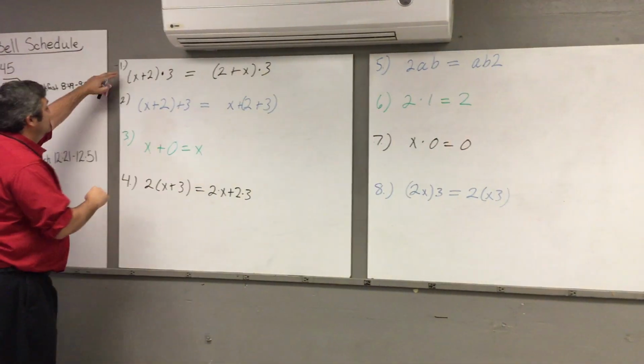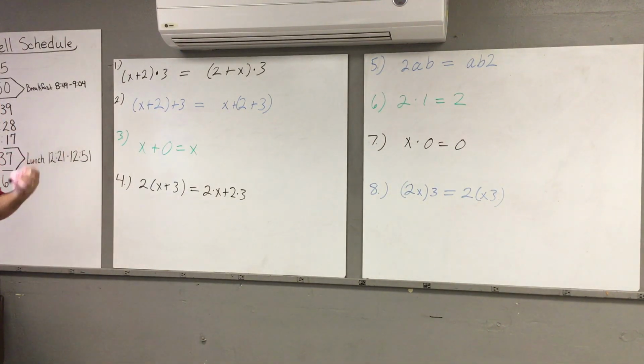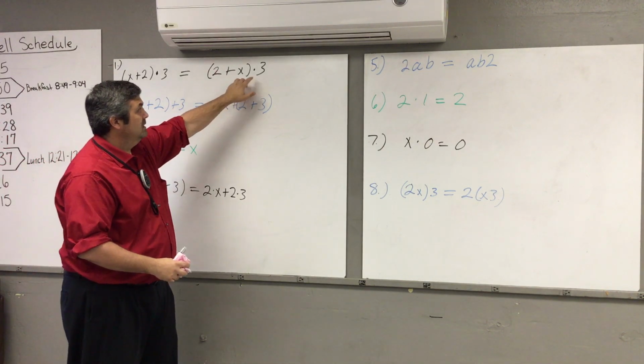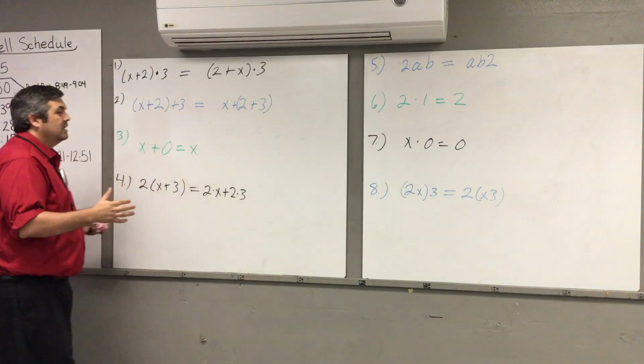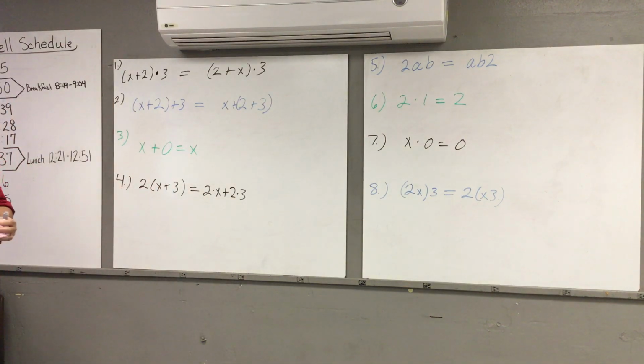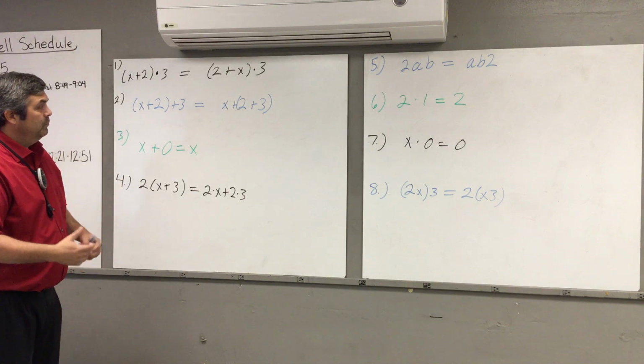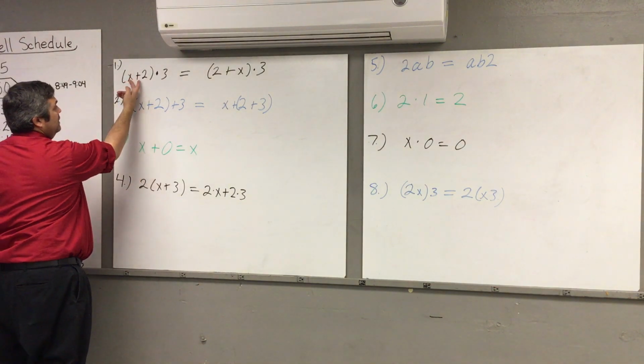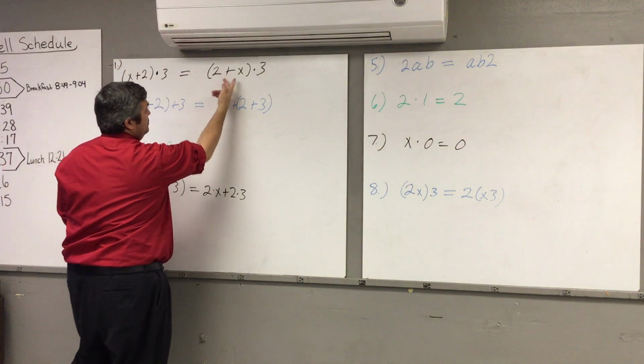Okay? So starting with number 1, (x + 2) times 3 equals (2 + x) times 3. Now at first glance this kind of looks like associative property, but when you really take a closer look at it, you'll notice all they do is switch these two things.